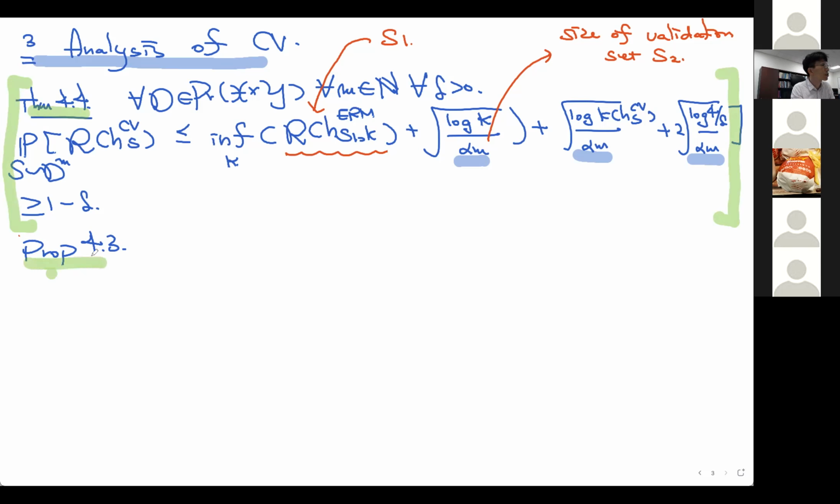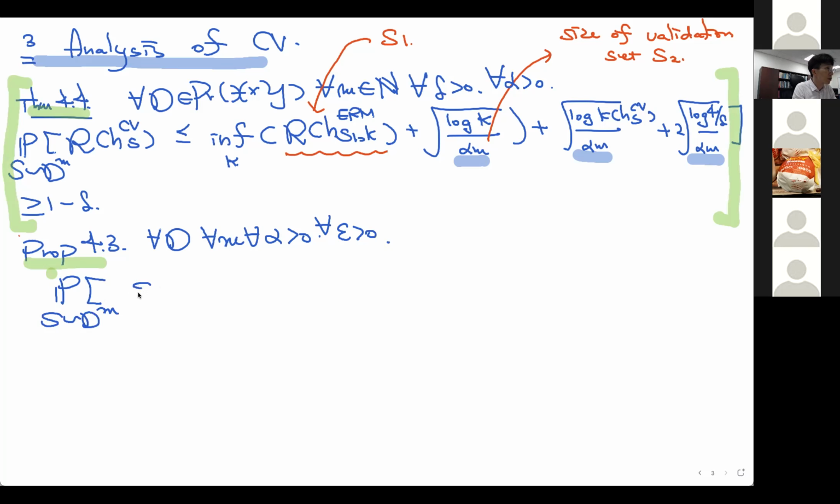And then we have a different proposition. The proposition says the following, in exactly the same setting that I explained to you, for alpha and epsilon, we have the following bound on the probability.